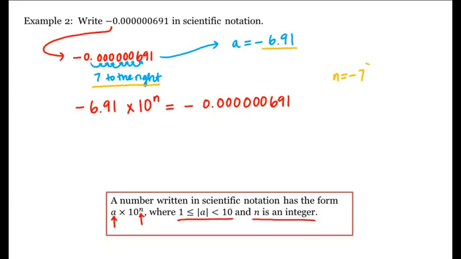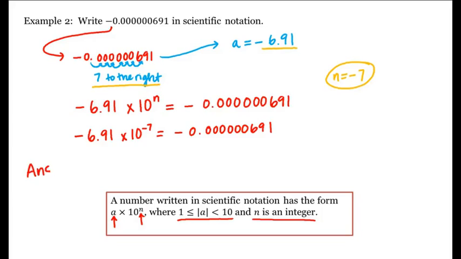So n here will be negative 7. That is, negative 6.91 times 10 to the negative 7th power is equal to negative 0.000000691. So our answer then is negative 6.91 times 10 to the negative 7th power.